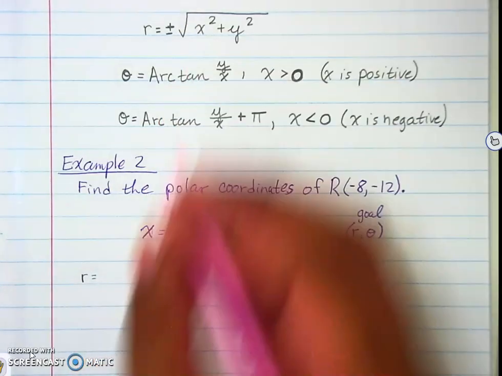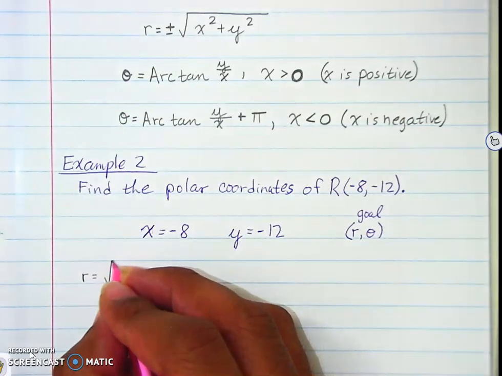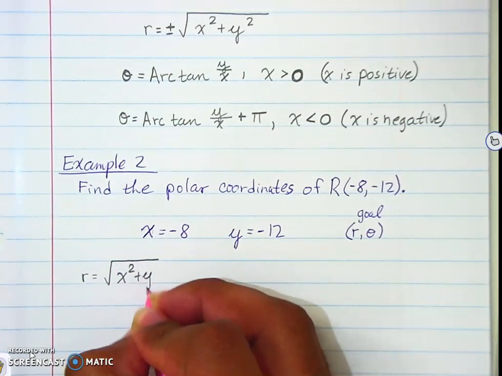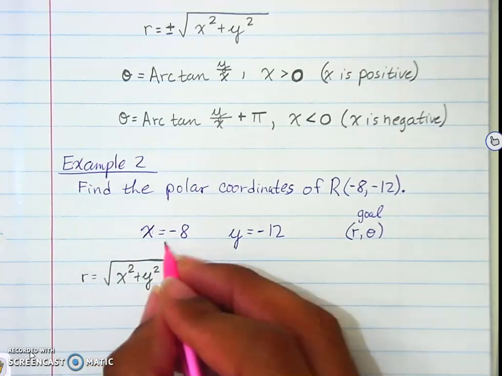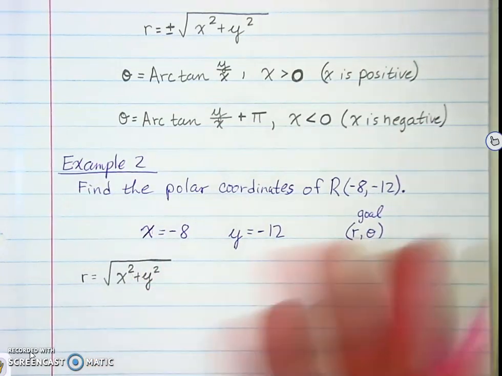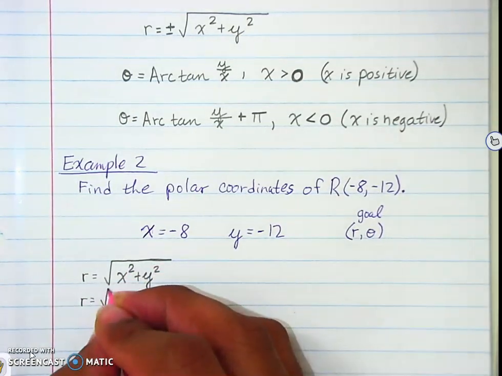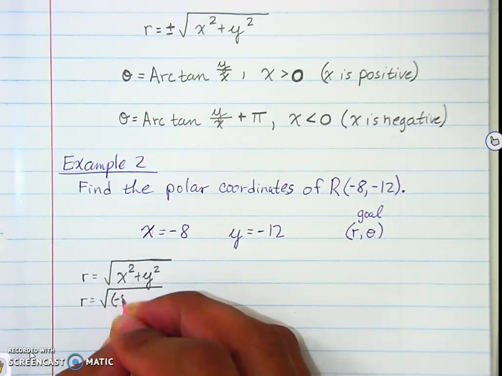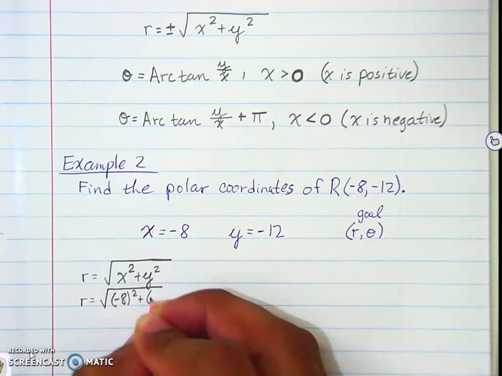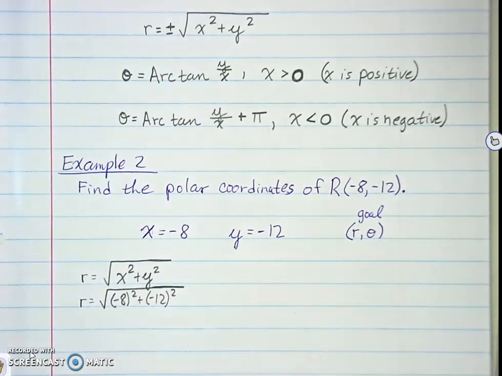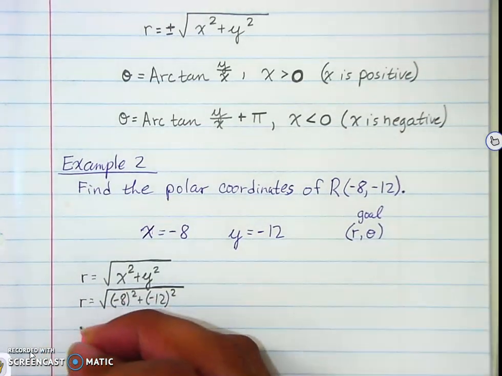And so here, for right now, we're just going to deal with our positive, and I'll let you know when we have to deal with the negative portion of it. So here we have our x and our y values. We're going to substitute that in and solve for R. And so you know that we'll get positive 64 here, positive 144 here, and we'll add those two together.